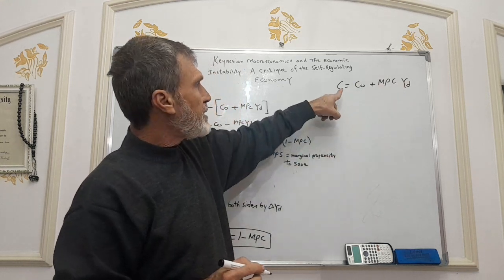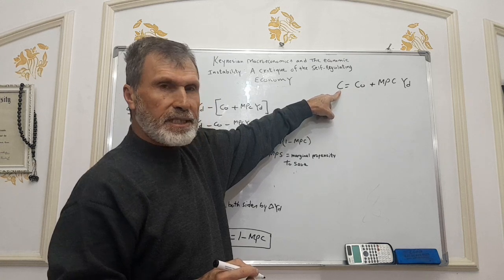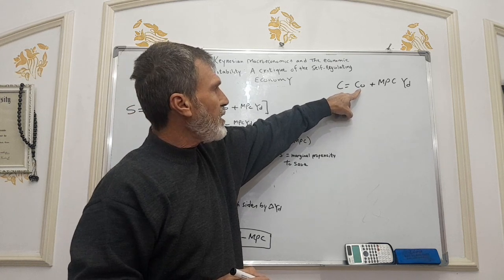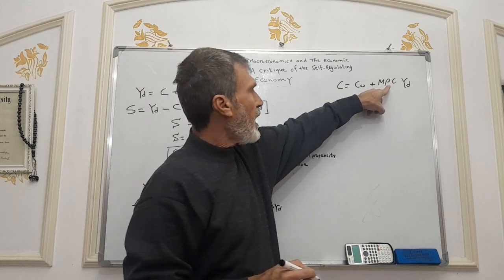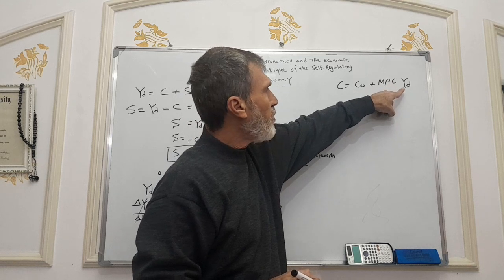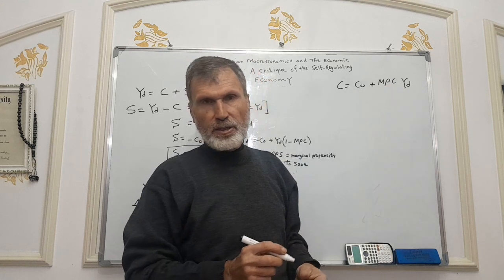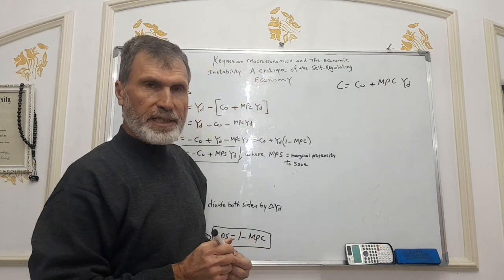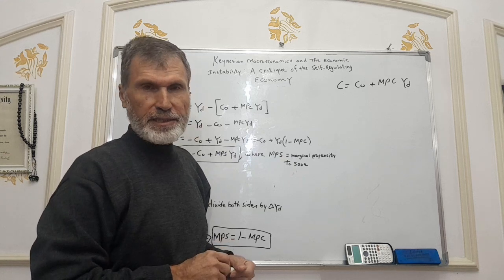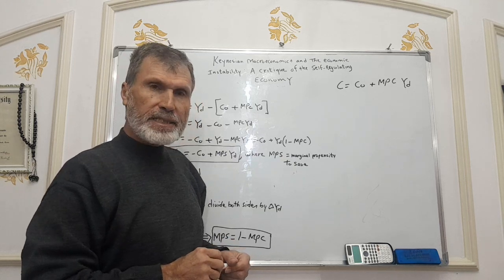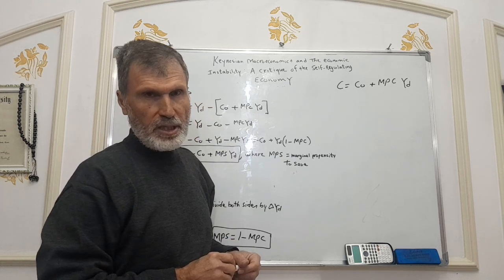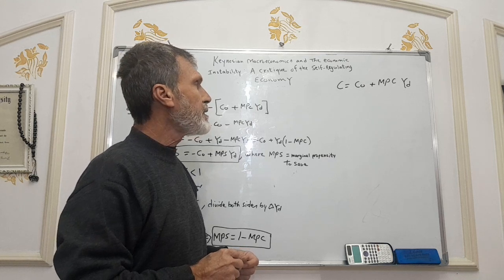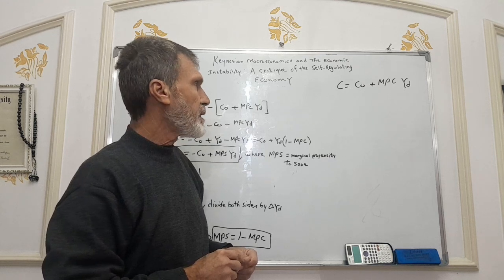That is, there is an increase in C if there is an increase in C0, or an increase in MPC, or an increase in YD. So when C0 increases, then C will increase. When MPC increases, then C will increase. When YD increases, then of course C will increase.